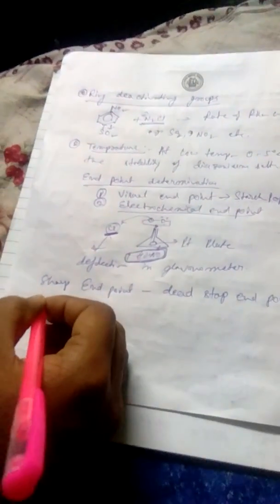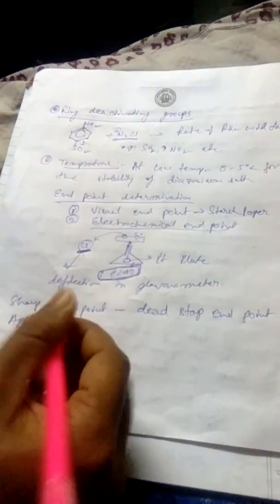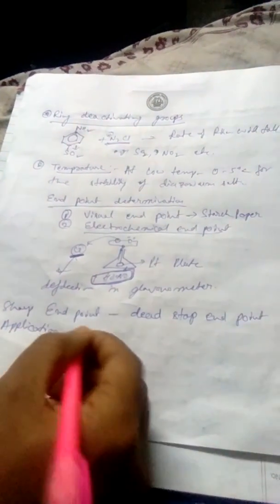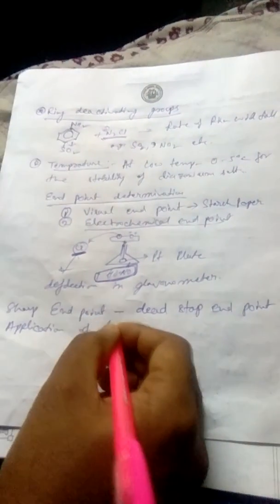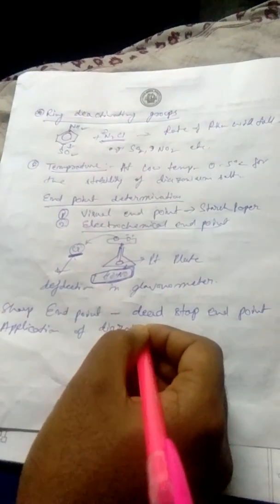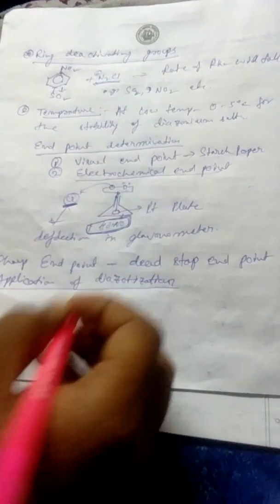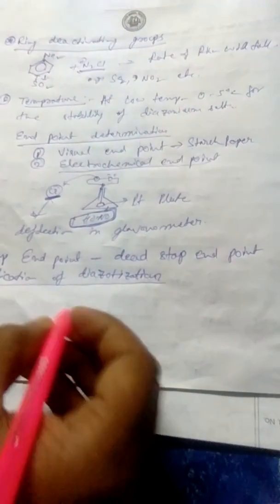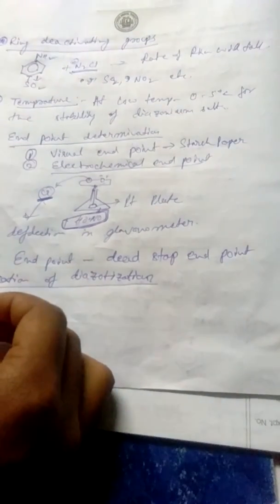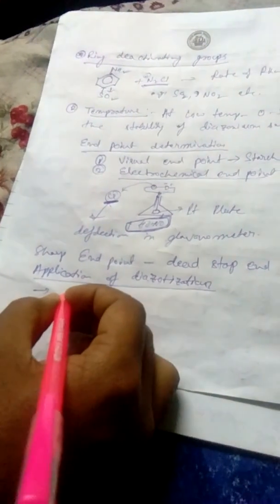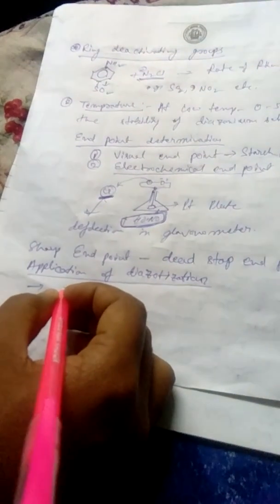So the last thing: what's the application of diazotization? Diazotization is mainly applied in the pharmaceutical industry to detect the presence of a primary amine group present in a chemical compound.